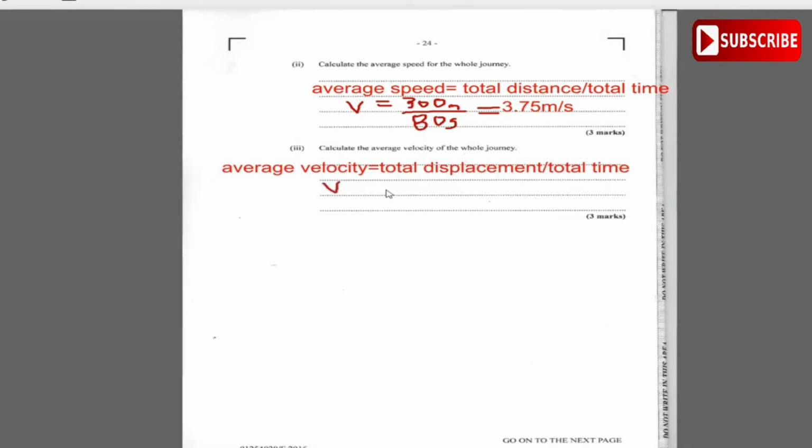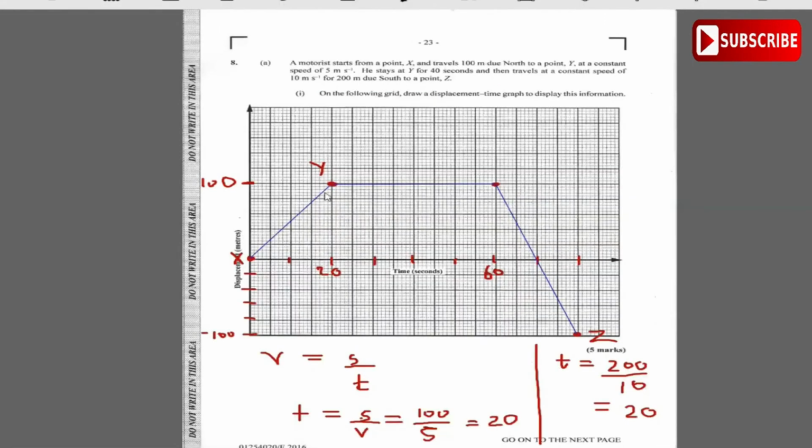V is equal to the total displacement. Now we're going back here, 100 meters in this direction. So the total displacement, you have 100 meters going up, then negative 200 meters. This is displacement. Displacement is 100 minus 200. So in reality, that's minus 100. So the displacement is minus 100 over 80.